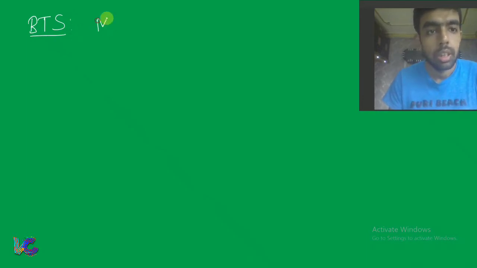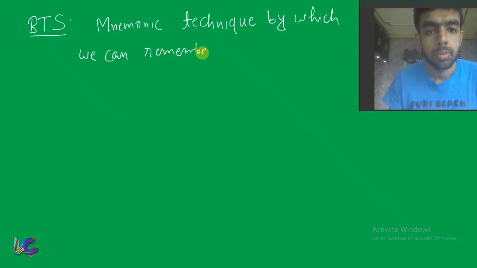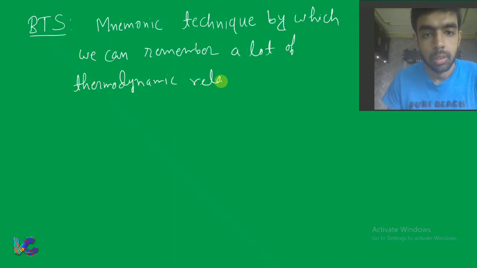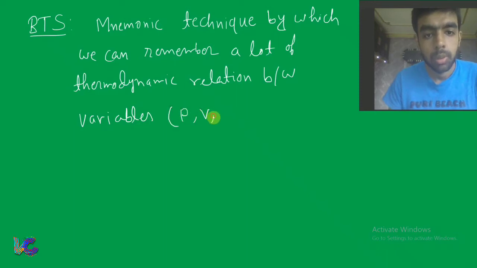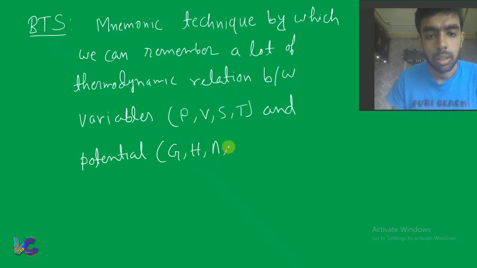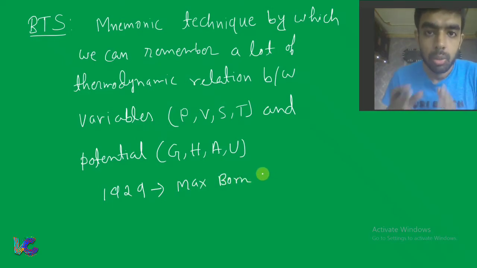It is actually a mnemonic technique by which we can remember a lot of thermodynamic relation between variables, that is P, V, S, T, and thermodynamic potential, that means G, H, A, and U. Now, it was given in the year 1929 by Max Born.